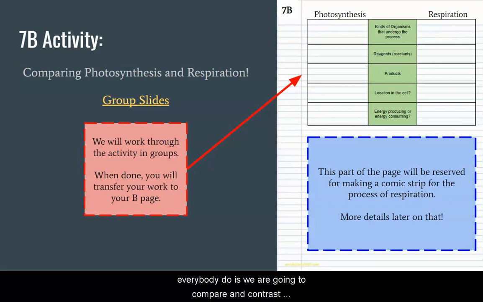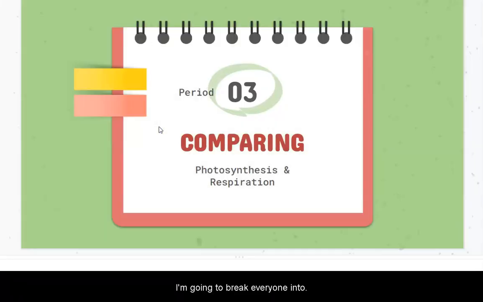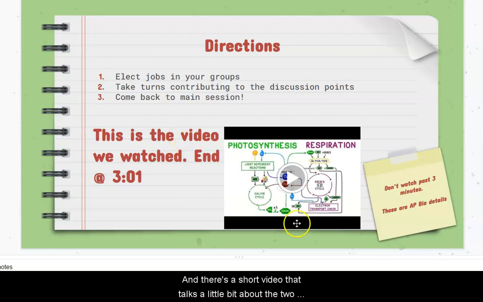All right. So if we make it to the B page, what I'm going to have everybody do is compare and contrast photosynthesis and respiration. I've created a couple of group slides, and on these group slides I'm going to break everyone into a breakout room group of 4, and there's a short video that talks a little bit about the 2 processes and how they are alike and different. You're going to watch it all the way up until that 3-minute mark.